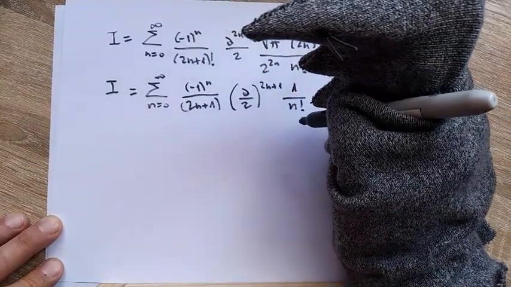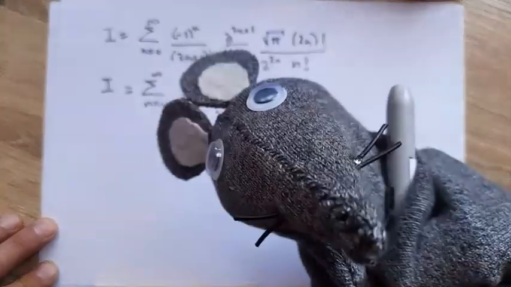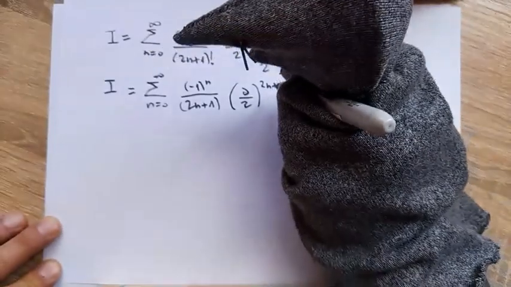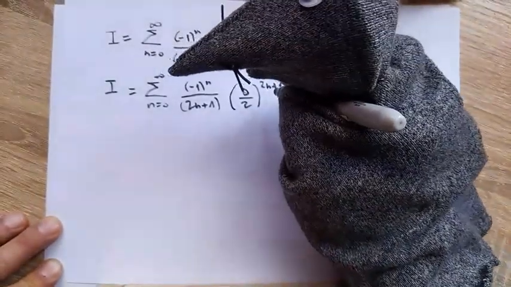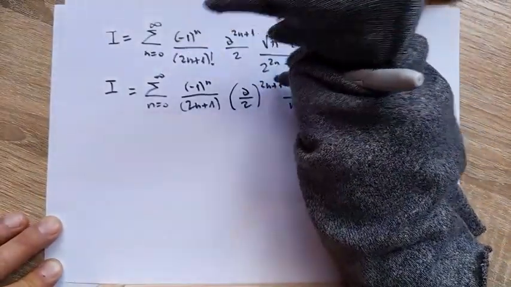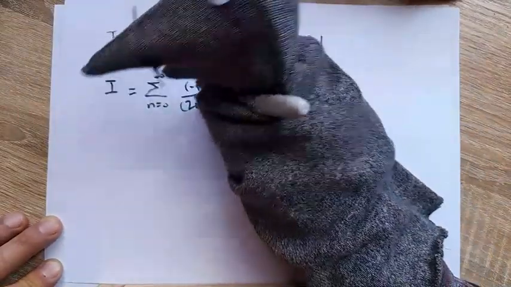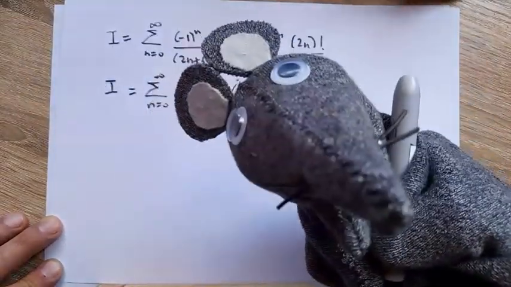Yeah. So for now, we can see that this seems like an integral was taken here, because we have 2n plus 1 in this exponent, and we have 2n plus 1 in this denominator.